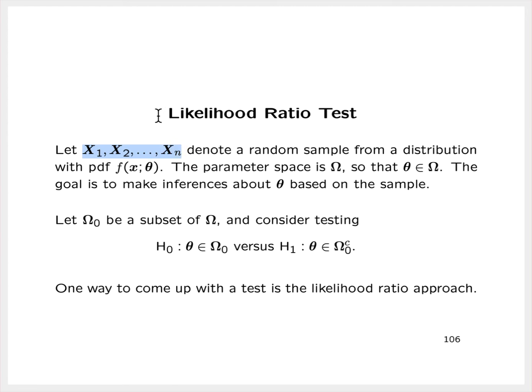Associated with this sample is a joint PDF. And because this is a random sample, it means that the random variables, in this case the random vectors, are independent and identically distributed. Identically distributed meaning they all have that PDF, and they are also stochastically independent. In our overview, we looked at how to construct the likelihood function for the data in that kind of scenario.